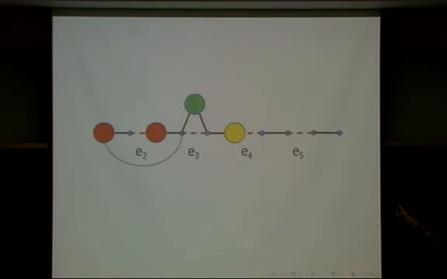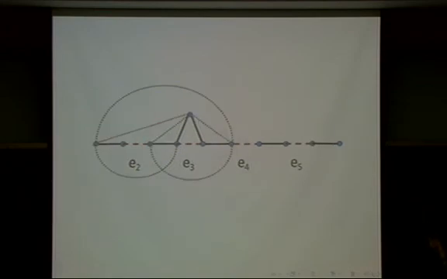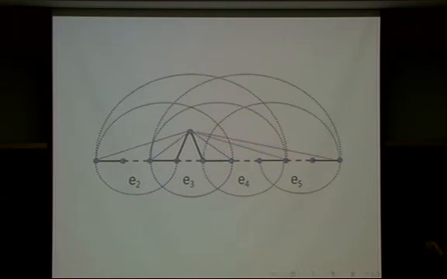Then red is adjacent to the left vertex of E3, and the green vertex is adjacent to both vertices of E3, and the yellow is only adjacent to the right vertex, so they are all adjacent with an edge.